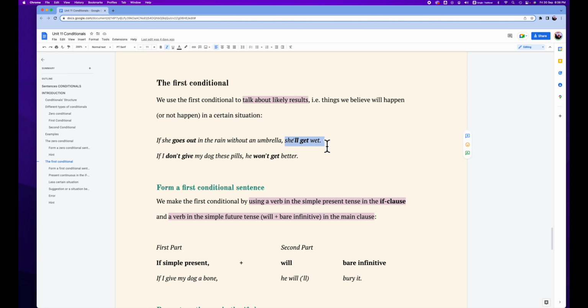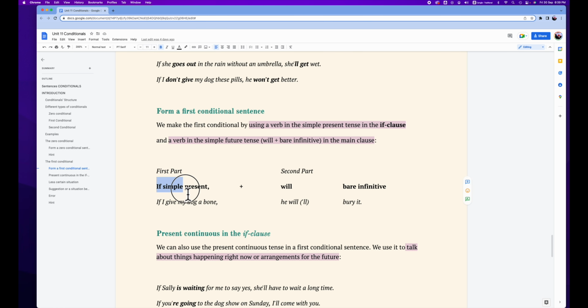The chance of her getting wet is very likely. If I don't give my dog these pills, he won't get better. The chance of B happening if A happens is very likely.